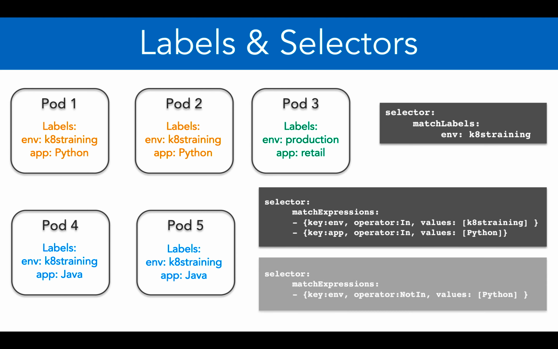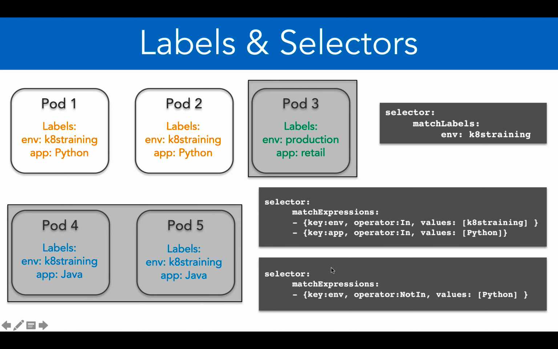Now let's take one more example. Let's say selector is something like this: match expressions, where key is env, operator is not in, and values is Python, which says select all the pods whose env is not equal to Python, and that is pod 3, pod 4 and pod 5. So this selector will select all these 3 pods: pod 3, pod 4 and pod 5.